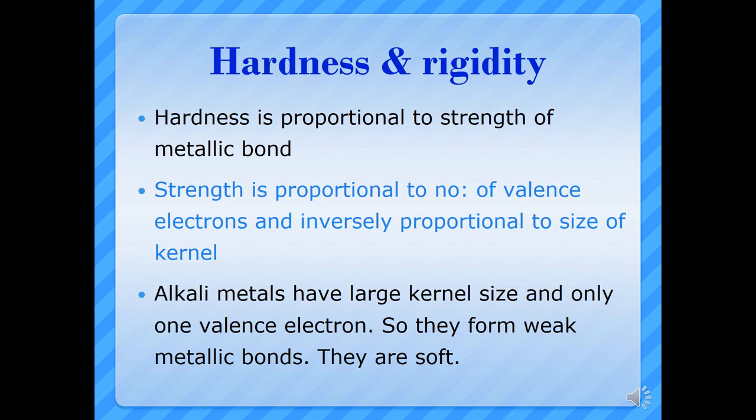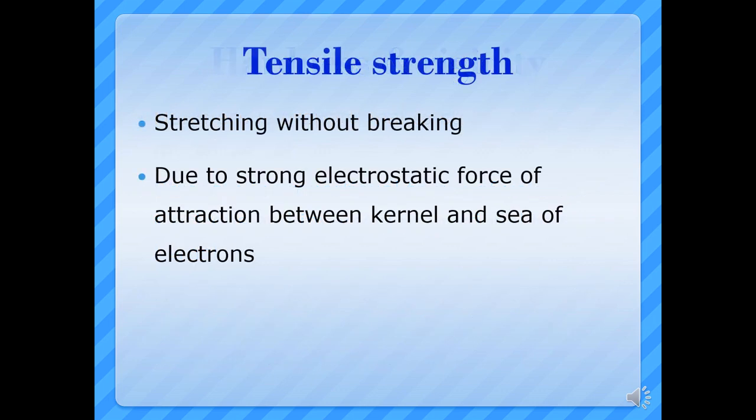We have already seen the example of lithium. When one electron is lost, lithium becomes Li plus kernel. There is only one valence electron, so only one electron can be lost. So the number of valence electrons is lesser, and therefore the strength will also be lesser. So alkali metals form only weak metallic bonds, and that is why they are very soft. They can even be cut with a knife.